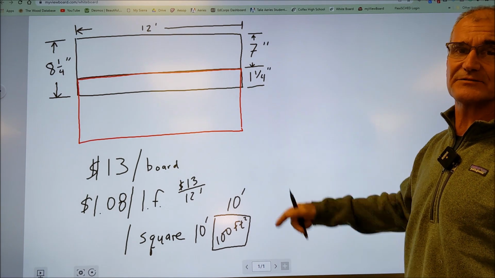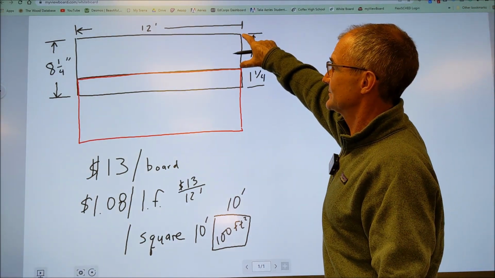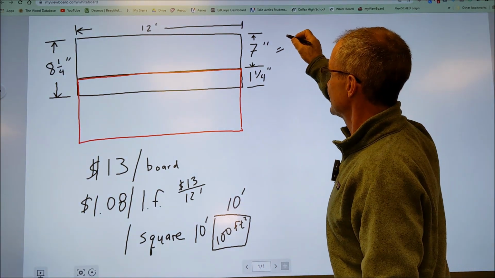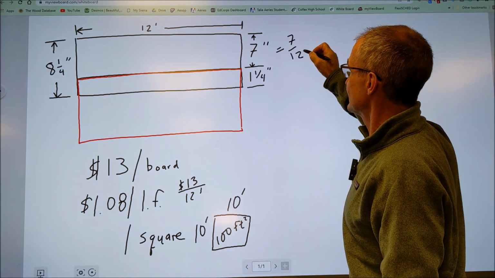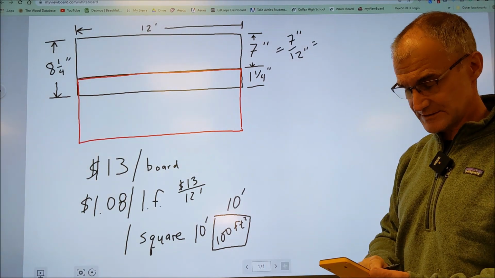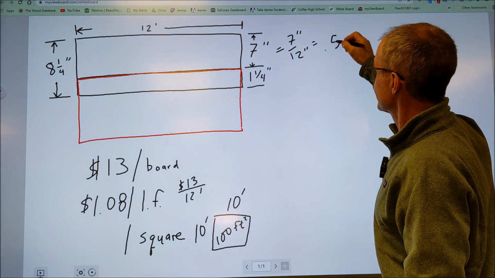So let's go back to figuring out a square of this. So I only have 7 inches revealed per board. So what I do right there is I take that 7 and I divide it by 12. So 7 inches divided by 12 inches will give me the number of feet. So 7 divided by 12 is 0.58.